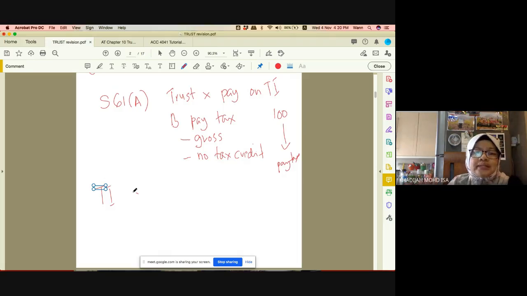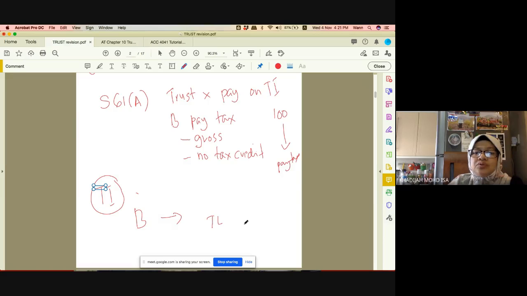You don't compute the tax liability at 24% for the trust, because for 61A, the trust does not actually pay tax. So you compute total income only. But for the beneficiary, you have to compute the income from the trust. You divide the income and then compute the tax liability of the beneficiary under normal circumstances.